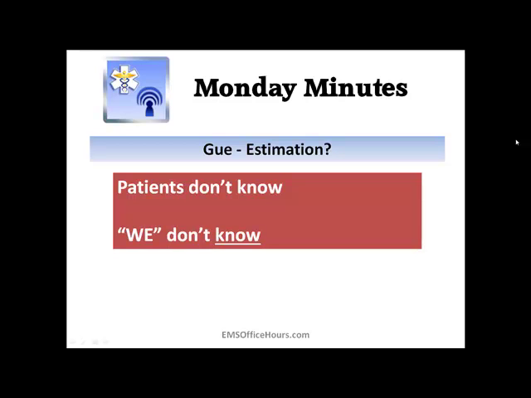There are times when you are doing interfacility transports where that'll be documented. So if that's the case, you're lucky enough to know the patient's weight in pounds or kilograms. But most of the time we have to estimate, and we have to go by our experience or even ask the patient what their last known weight was and when that was, and that can help you estimate a little better as well.